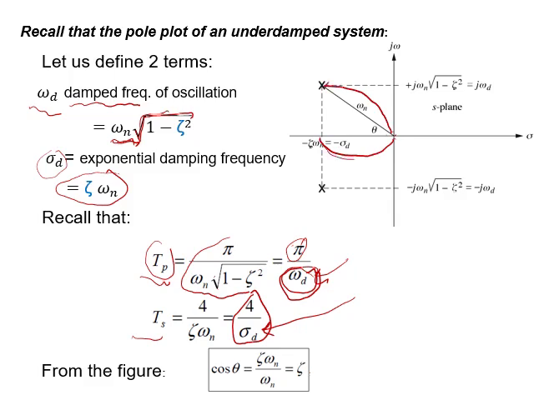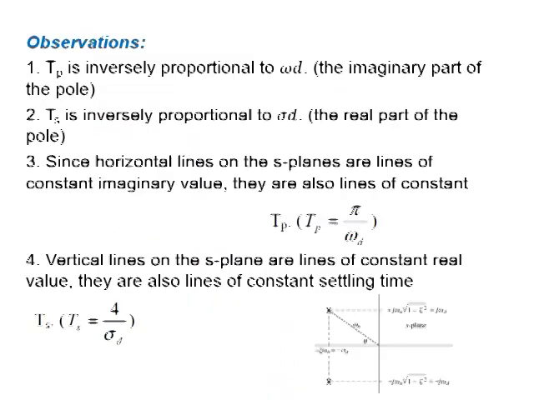If you divide this value by this value, it will actually give me the cosine of this angle, which means that if you divide them, this part cancels with this part and gives me zeta. That means cosine theta equals zeta. So the angle theta, which can be calculated as zeta omega n over omega n, gives me the value of zeta, which means zeta is the cosine of that angle.